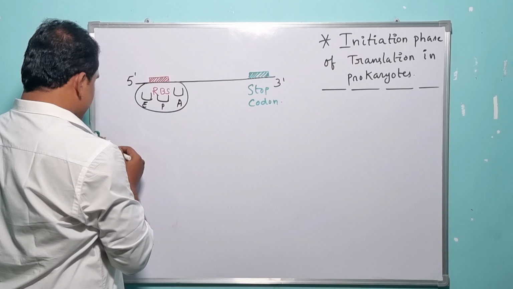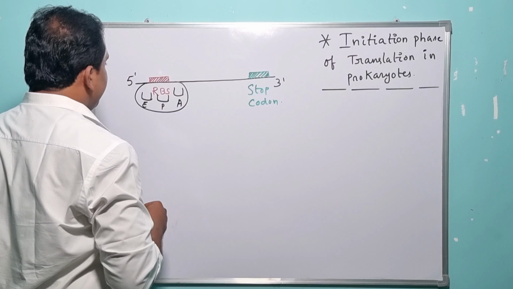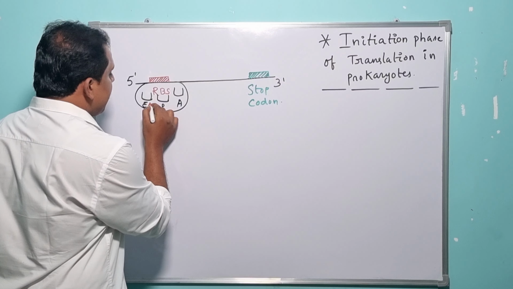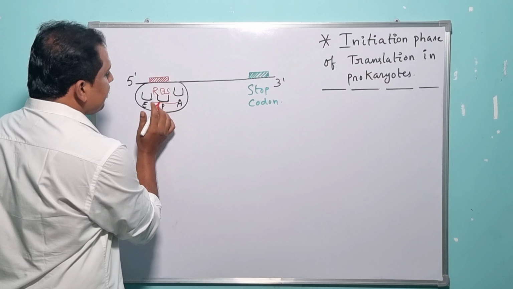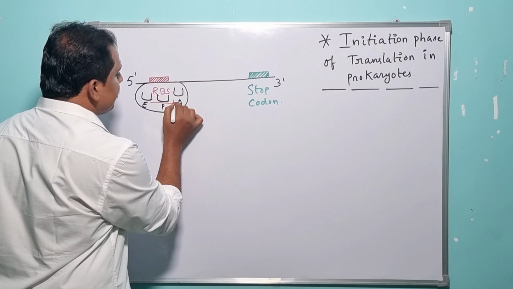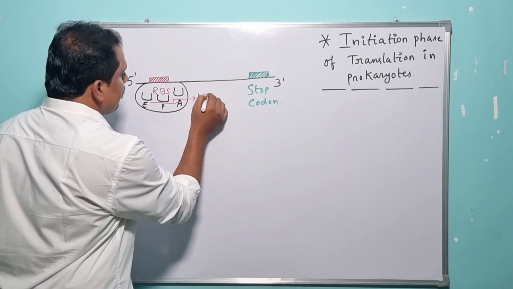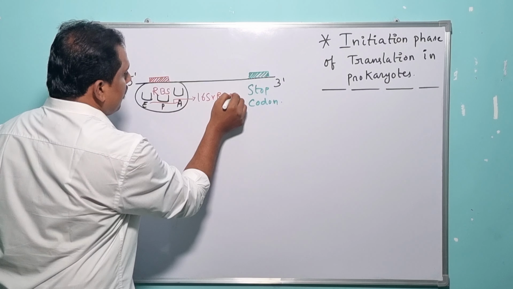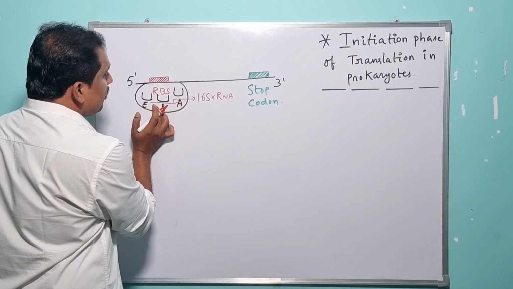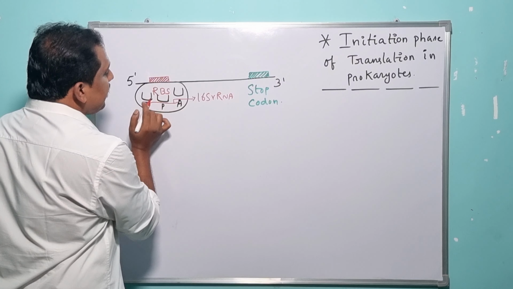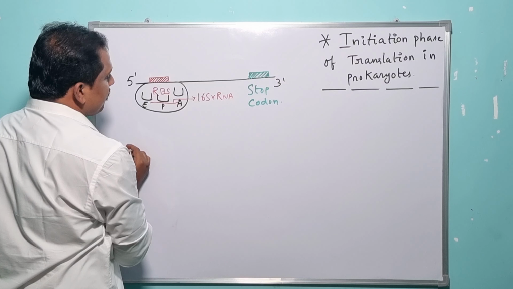Within the small subunit of the prokaryotic ribosome, 16S rRNA is embedded here. By taking advantage of the 16S rRNA sequence, the small subunit of the ribosome is ready to recognize the ribosomal binding site or Shine-Dalgarno sequence.